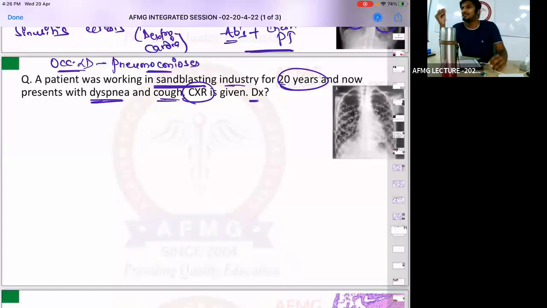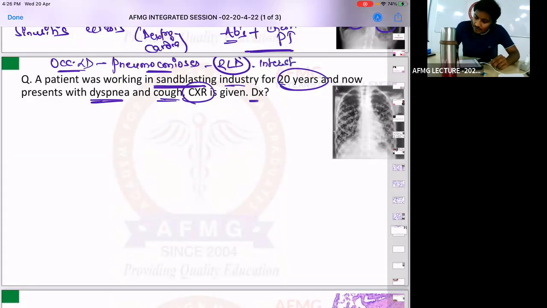Are they obstructive lung diseases or restrictive lung diseases? They are restrictive lung diseases. Pneumoconiosis: dust fibers will damage your lungs, and there will be interstitial fibrosis.